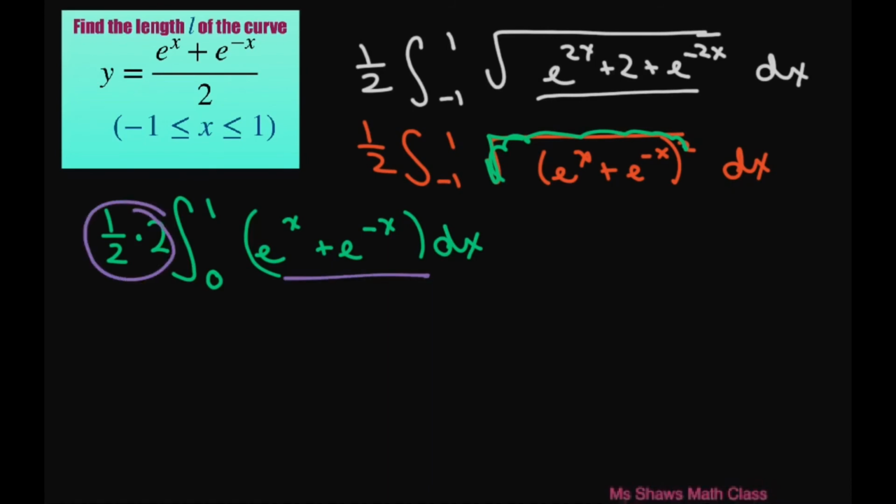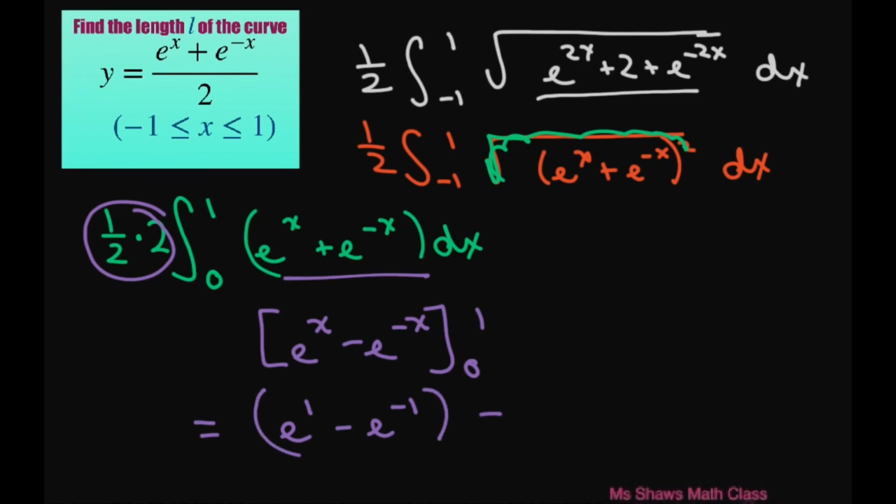So now let's integrate this. This is going to be e^x minus e^(-x), and we're evaluating this from 0 to 1. This is going to equal e^1 minus e^(-1), then you subtract e^0 minus e^0.